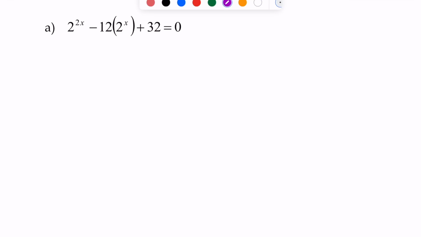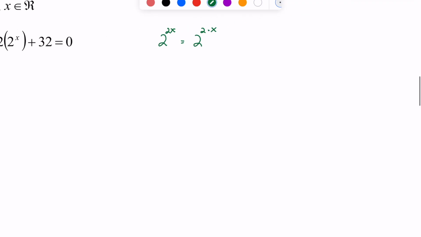Well, this 2 to the 2x, that is the same thing as me saying 2 multiplying x. Well, when do you see a multiplication of exponents? That comes from using our rule, b to the m to the n, which happens when b is being put to the m and being put to the power of n.